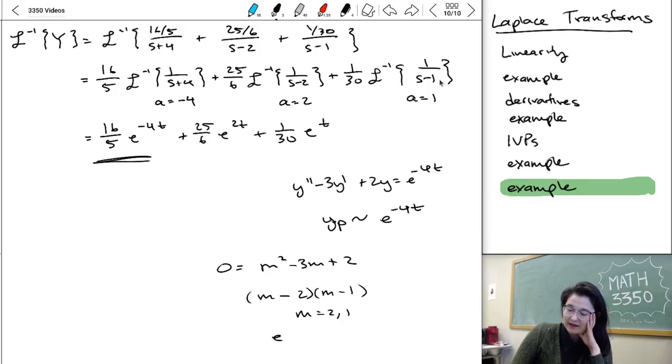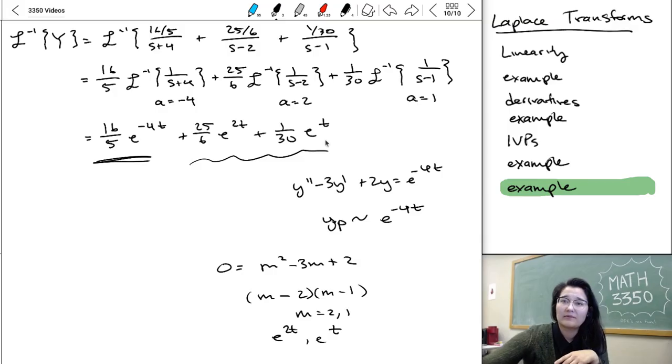So that gives us our e to 2t and e to t type terms. That's what's happening here. And then those numbers, the one on e to minus 4t would come from undetermined coefficients, but this 25 over 6 and 1 over 30 would come out of an initial value problem, solving for C1, C2.